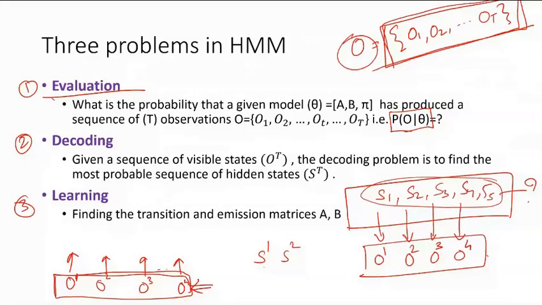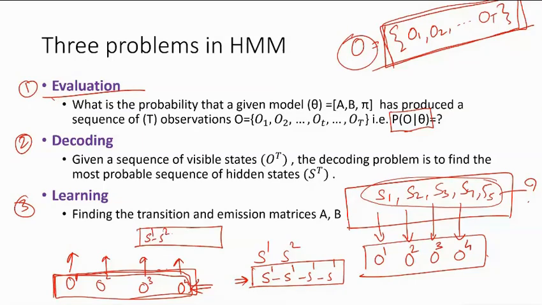Then the first one is S1, the second one is also S1, the third one is also S1, the fourth one is also S1, but the observables are these. So when you observe O1, O2, O3, O4 symbols, you may have this sequence, or you may have S1, S1, then S2.